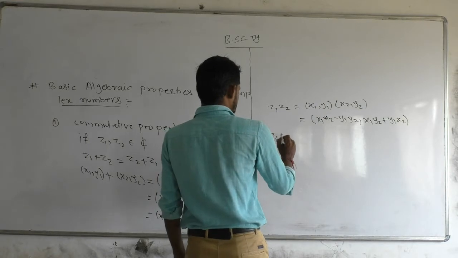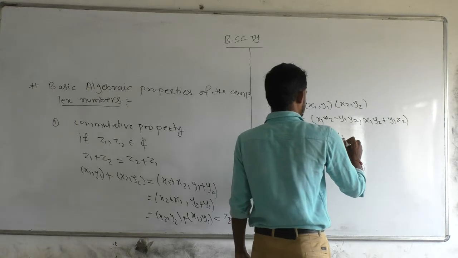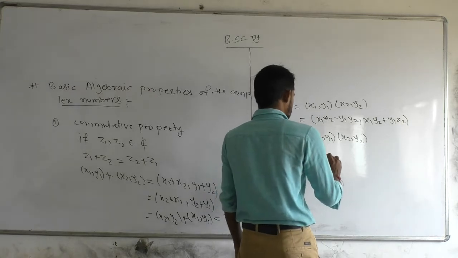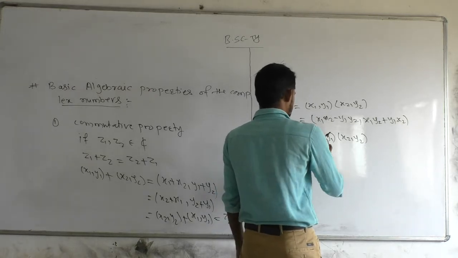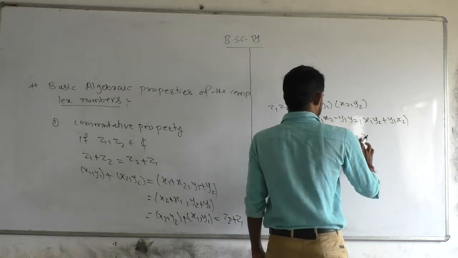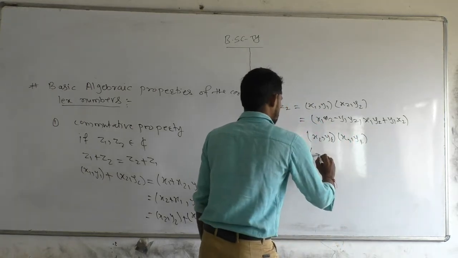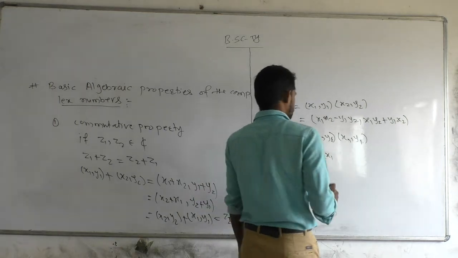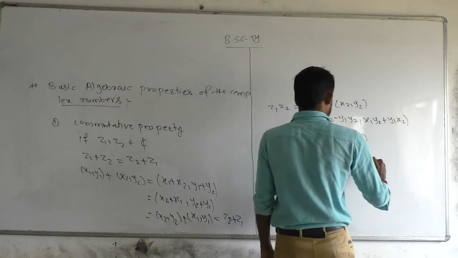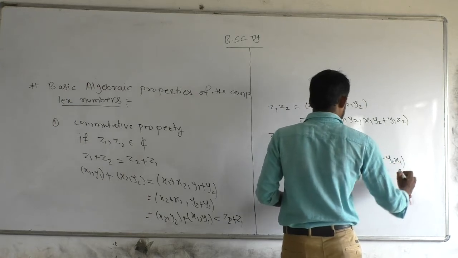Now consider z2 into z1, which is equal to (x2, y2) into (x1, y1). Then it is (x2 x1 minus y2 y1, x2 y1 plus y2 x1).